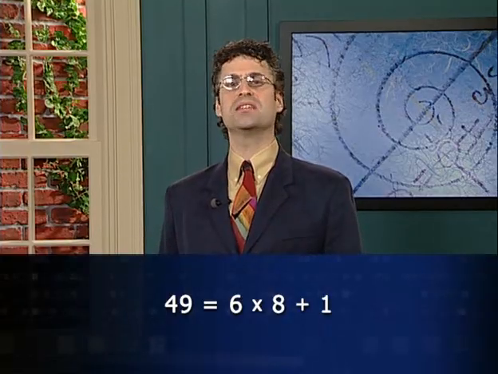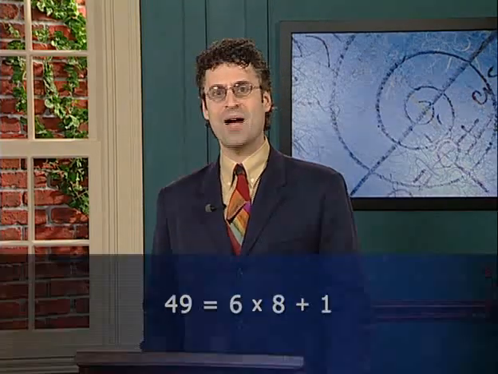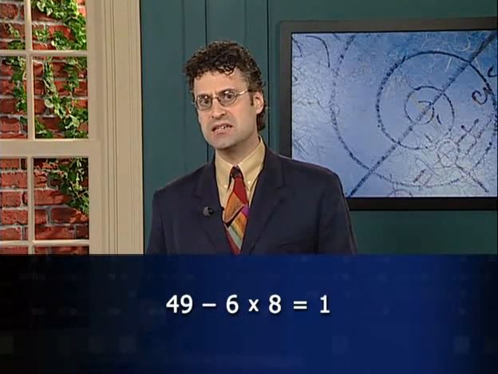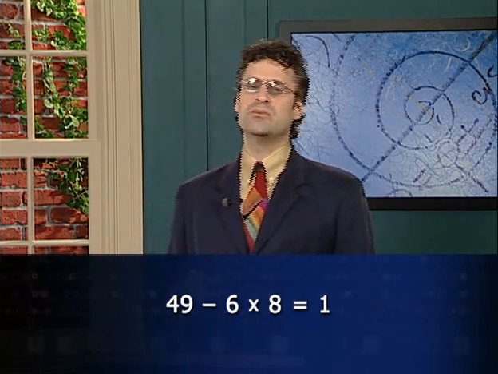And that plus 1 tells us that, in fact, those numbers are relatively prime. Now, here's a neat little fact that I want to share with you. If we backward solve for the remainder of 1, then in this case, we'd find that 49 minus 6 times 8 equals 1. In other words, we see that we can find natural numbers, let me call them x and y, that actually are solutions to a certain equation.